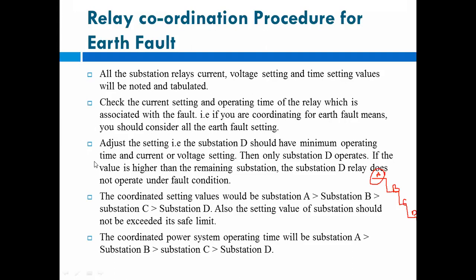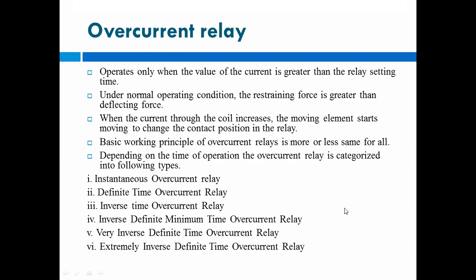If we are considering any one of the faults, then the procedure of relay operation is the same, right? Then the next point here is the overcurrent relay. What is meant by this overcurrent relay?